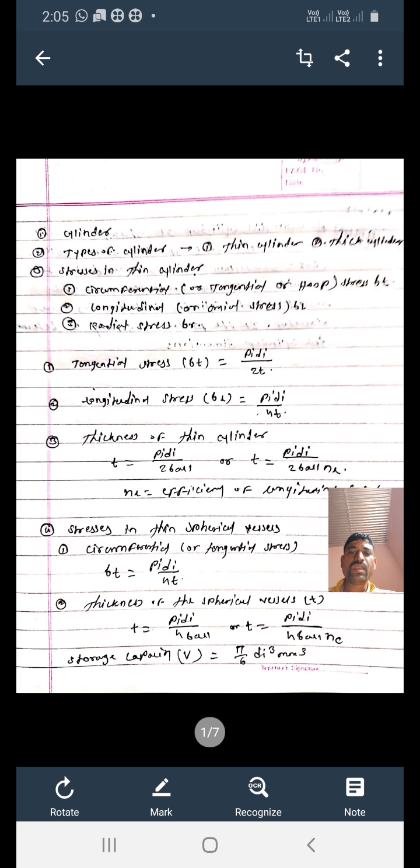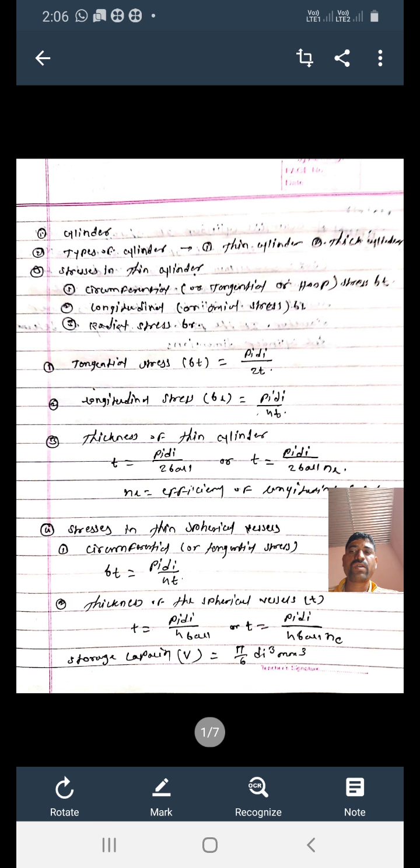Then after that we have seen the stresses in thin spherical vessel. There are circumferential or tangential stresses in the thin spherical vessel. We have calculated this value: sigma T is equal to P di divided by 4t. And second is thickness of the spherical vessel: t is equal to P di divided by 4 sigma allowable, or we can write t is equal to P di divided by 4 sigma all into eta C. Eta C is again the efficiency of the joint.